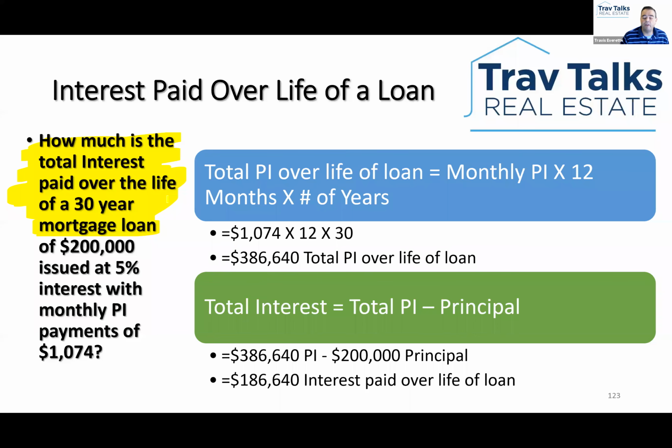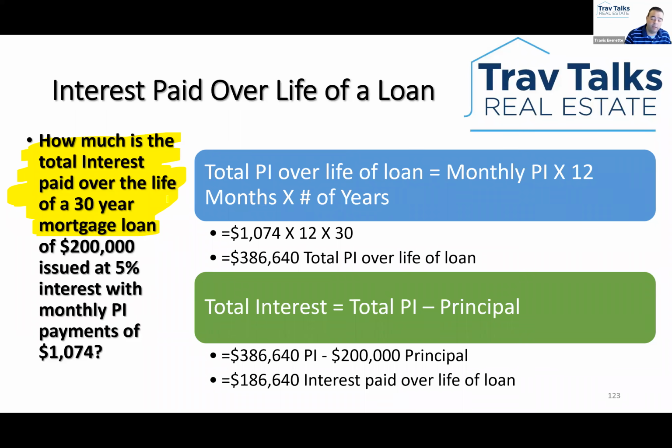Because if we can calculate the total paid over the life of the loan, we can just subtract the amount that was borrowed. Does it make sense that if we subtract the amount borrowed, the difference is the interest? Yes. Isn't it amazing that it could actually be that straightforward and that easy to figure out how much interest somebody pays over one of these 30-year loans? But it is that easy, that straightforward.